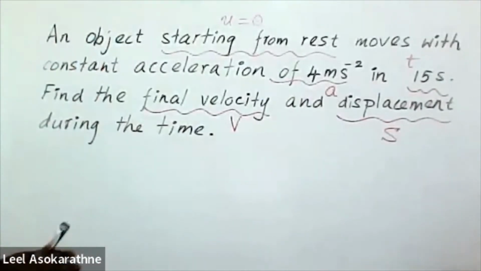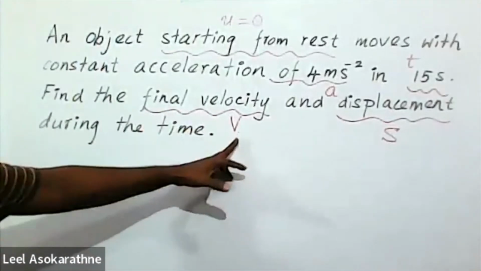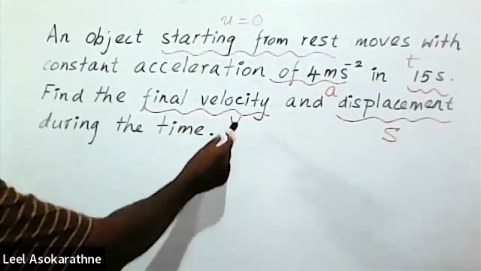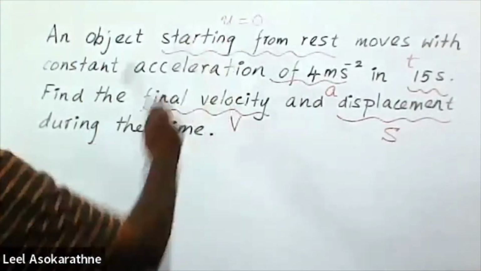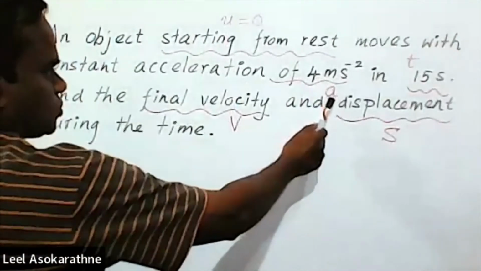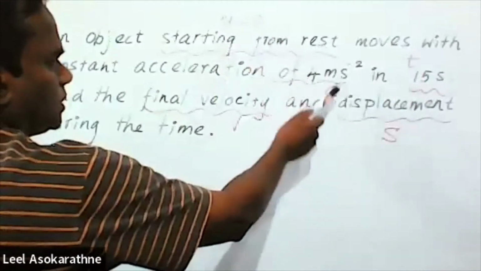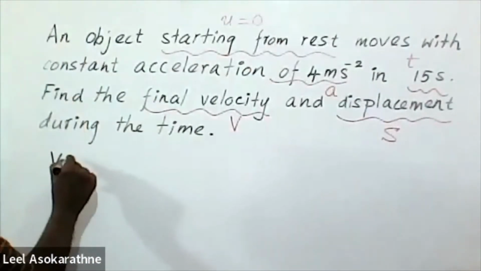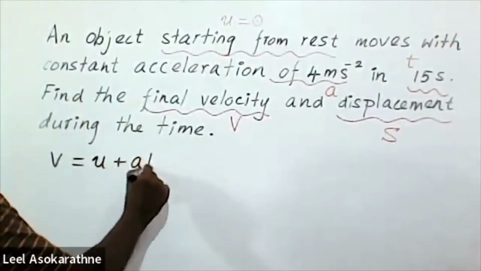Now you can consider what they asked. v, the final velocity. We have u, the initial velocity, a, acceleration, and t, time. v, u, a, t.